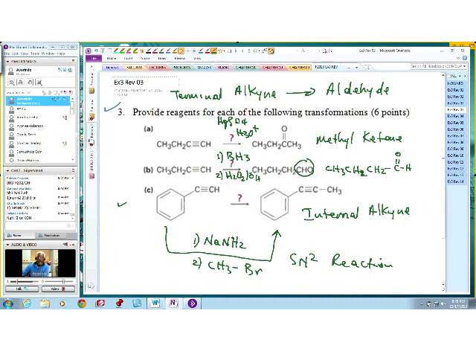Because if you recall, what the amide does is to pull off the hydrogen from a terminal alkyne to form this.